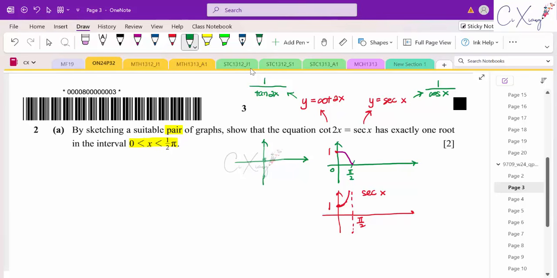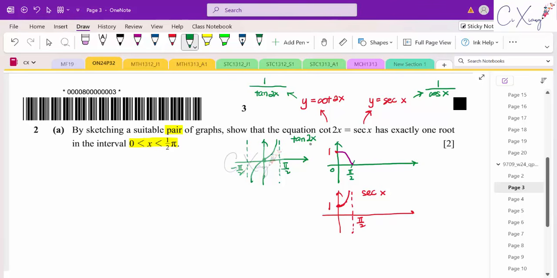Okay, so I start to draw the original graph first. So this is the original graph for tangent x. Okay, original tangent x will look something like this. This is tangent x. But now I want to sketch tangent 2x. So to sketch the tangent 2x, all the value of x, I have to divide it by 2 or multiply with half.